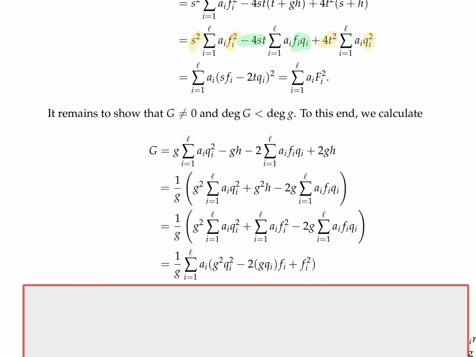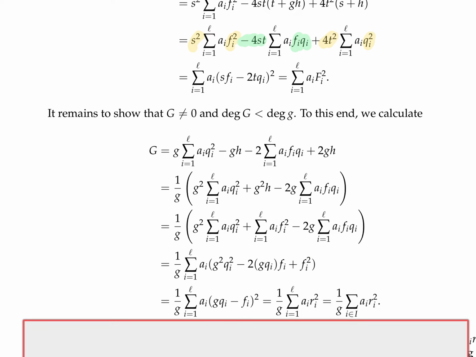I can move it out. And then I have here g squared qi squared minus 2 g qi fi plus fi squared. And this gives me here g qi minus fi squared, of course, right? And this is 1 over g.